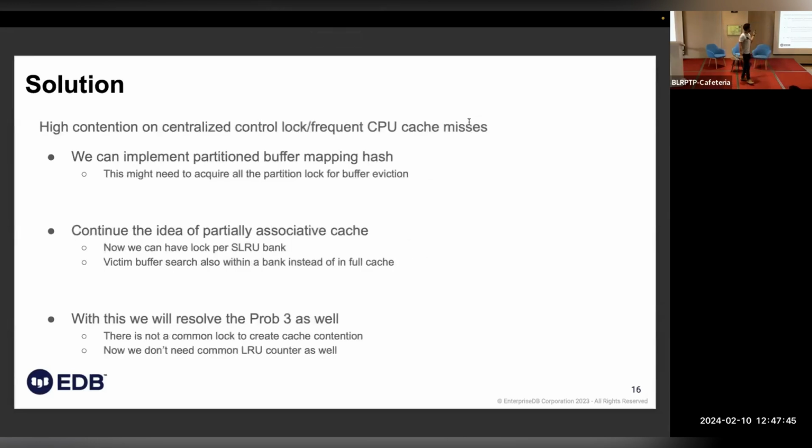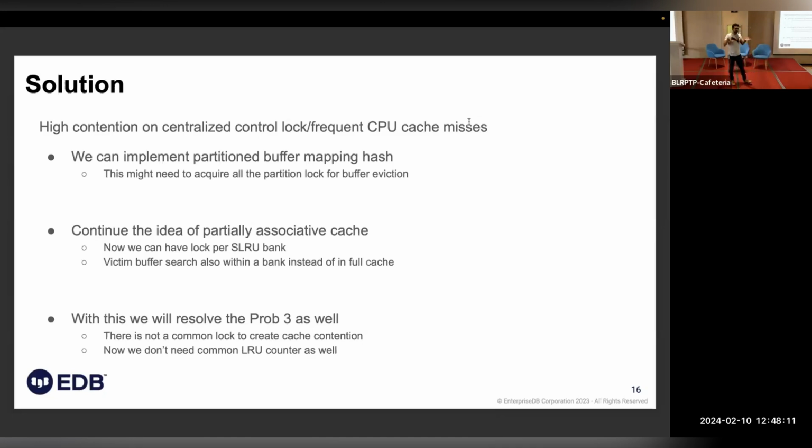Now let's go into the second and third problems. We are saying that there is high contention on the centralized lock and frequent CPU cache misses. There, the first idea that came up is that instead of having a single lock, we can provide a partitioned hash, because hash is faster for direct access of memory.